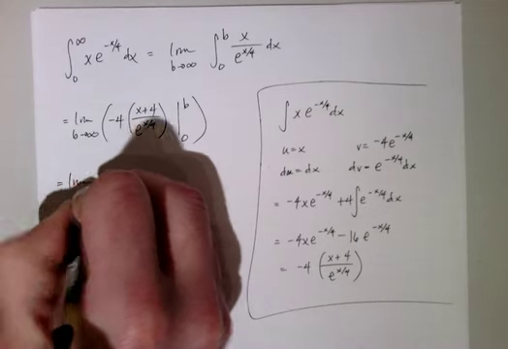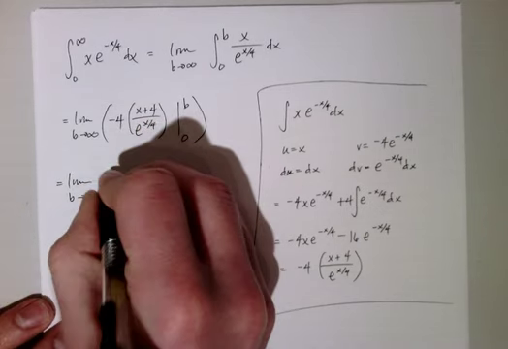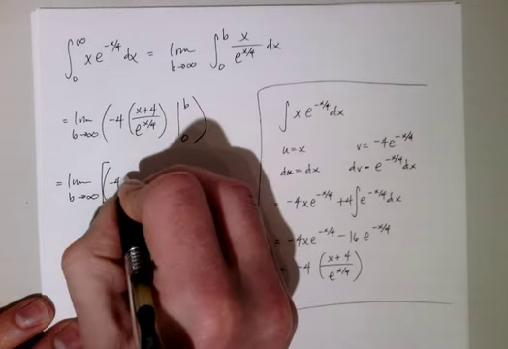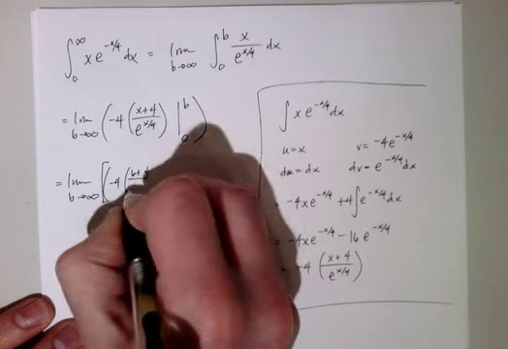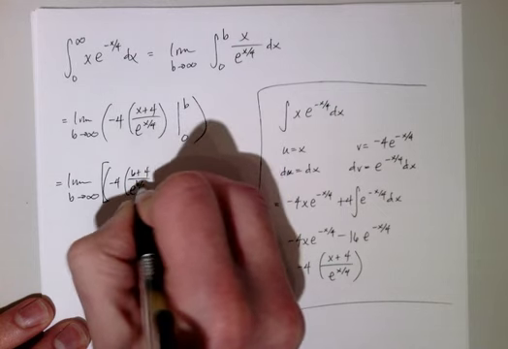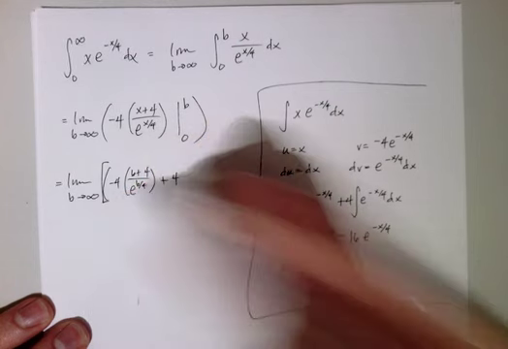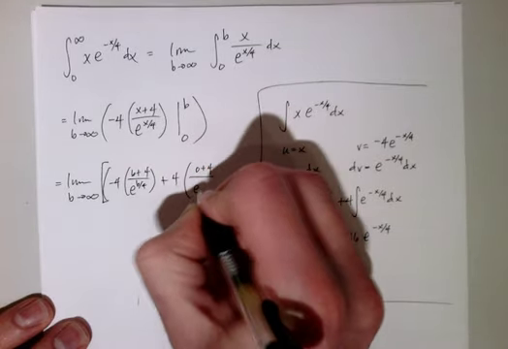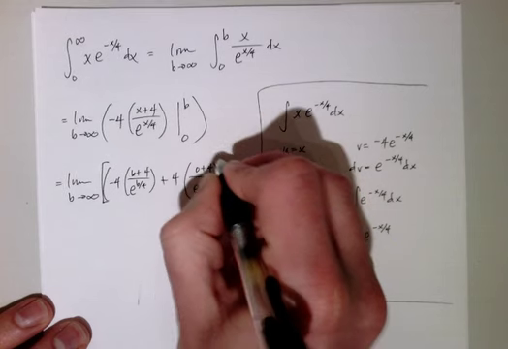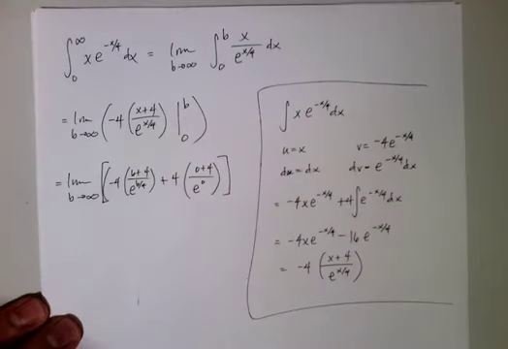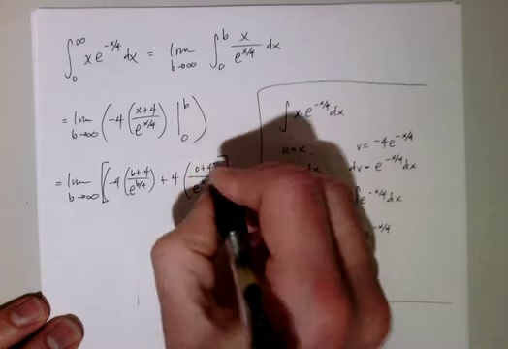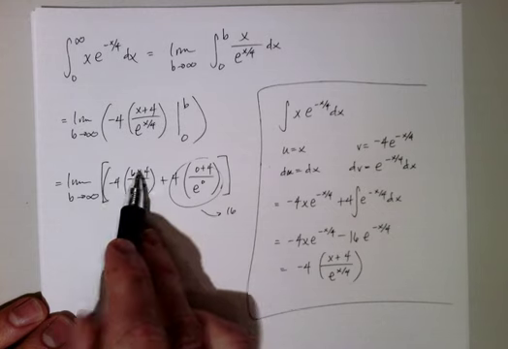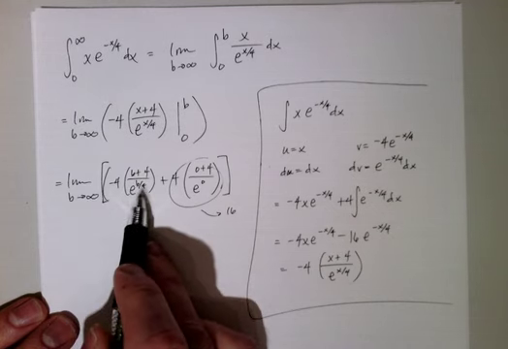Well, that means I have the limit as b approaches infinity, and we'll put brackets, negative 4 times b plus 4 over e to the b over 4, minus the quantity negative 4 times 0 plus 4 over e to the 0, and there you go. Well, this is obviously going to be a finite number, right? This is 16.